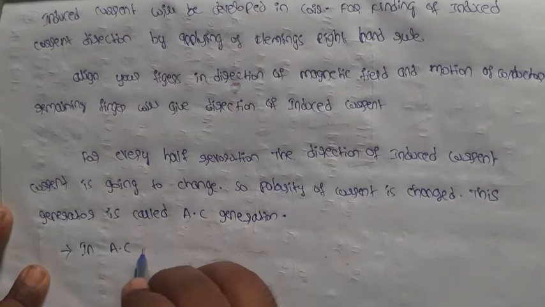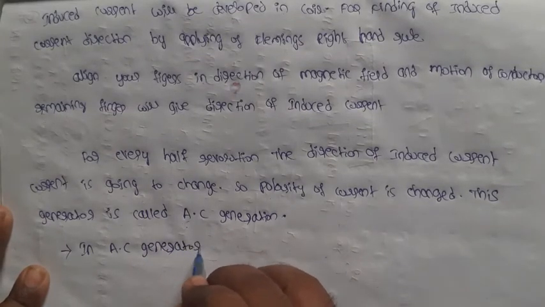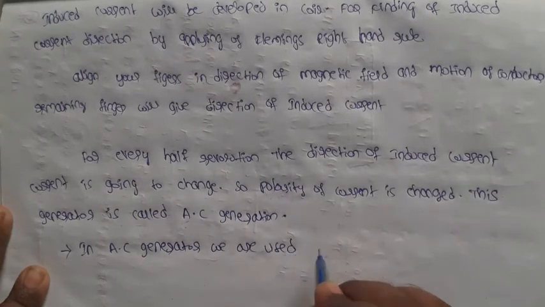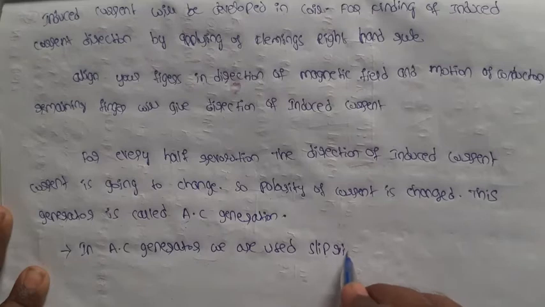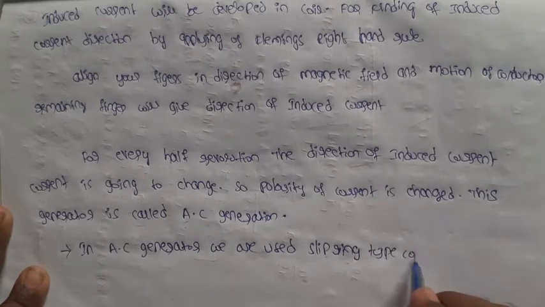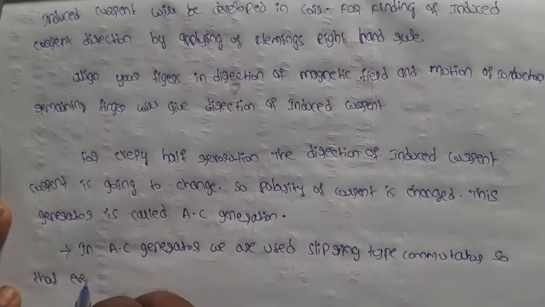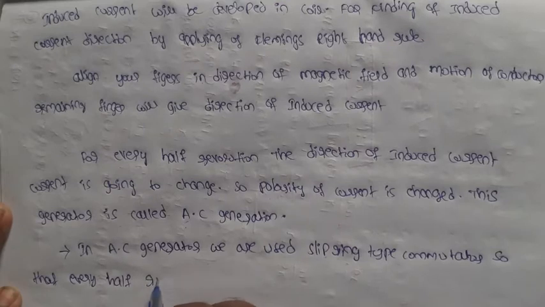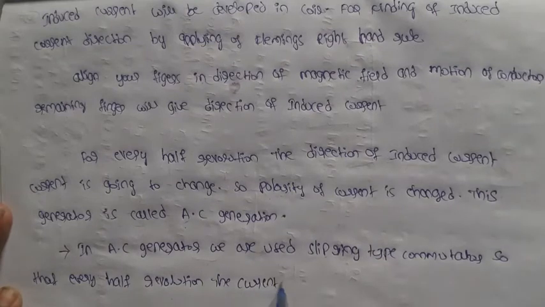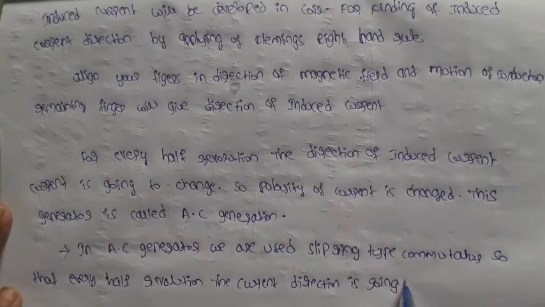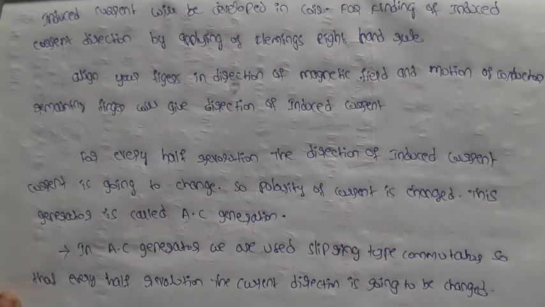In AC generator we use slip ring type commutator, so that every half revolution the current direction is going to be changed. That's why we called it alternative current generator.